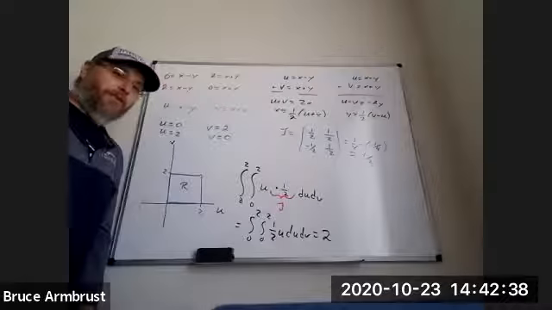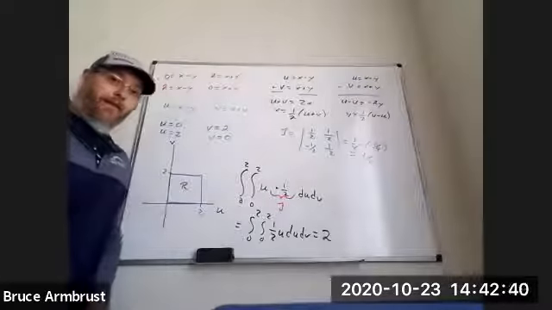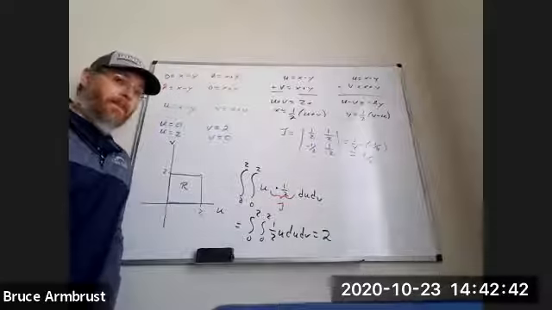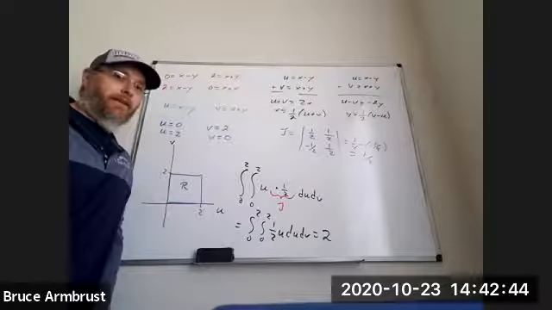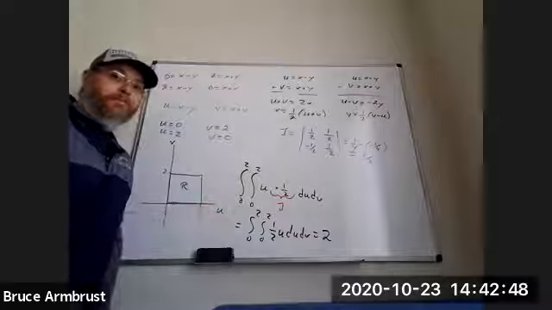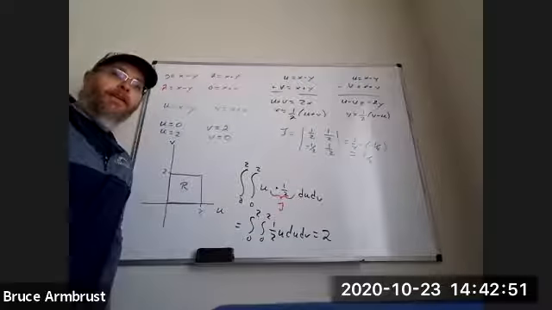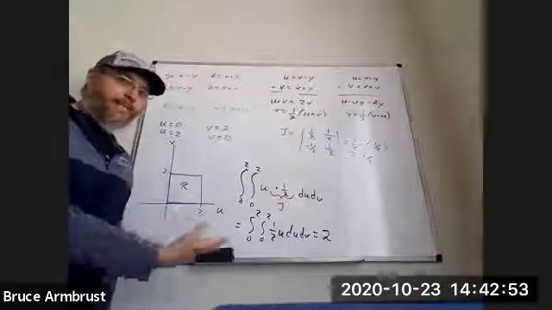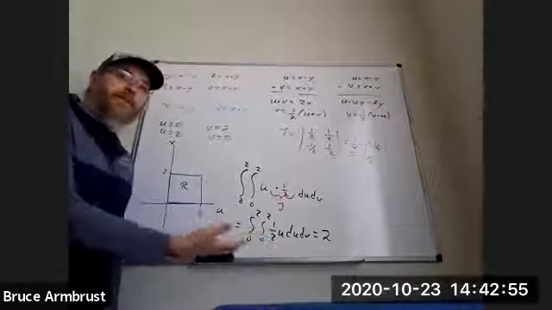That one's so simple, I can do it in my head. It's okay if you can't do it in your head. But that ends up just being 2. Which was way easier of an integral once we did that transformation.